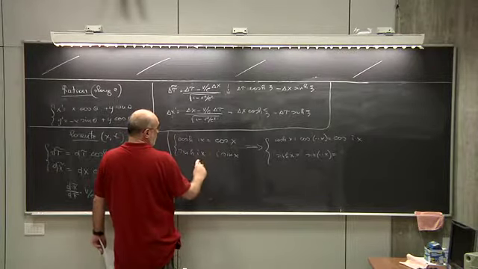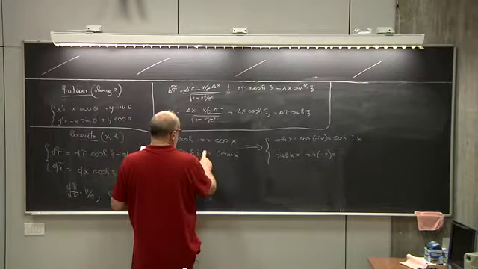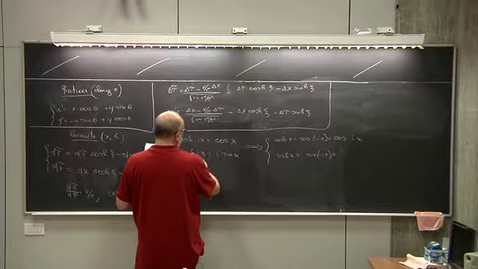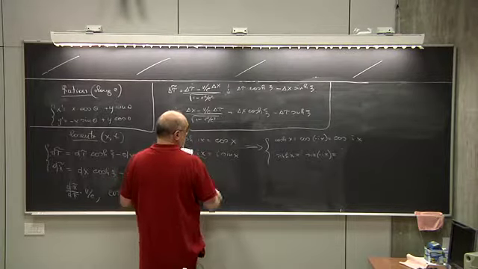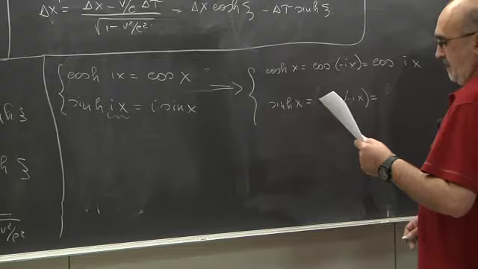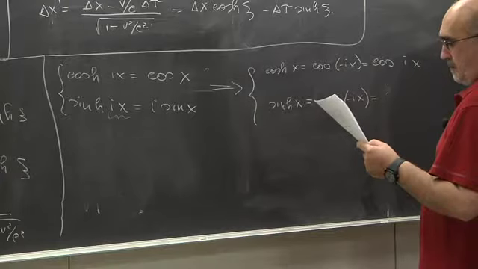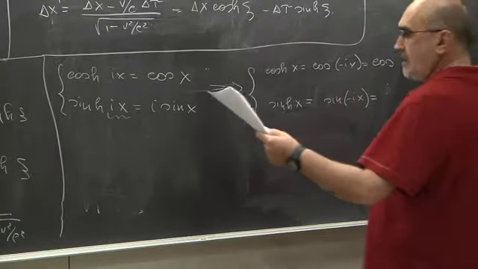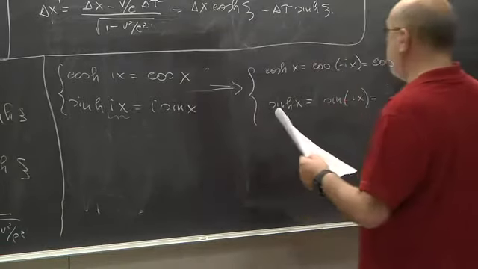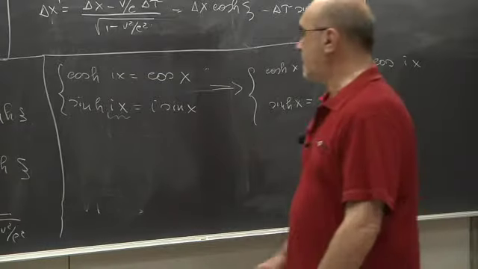Let's call this x. Then sine of x, x is minus I, so it's minus I. Let's see if I did it right. There is no I in the front here. There is. Okay, let's just do it.